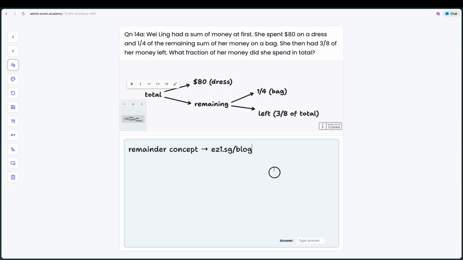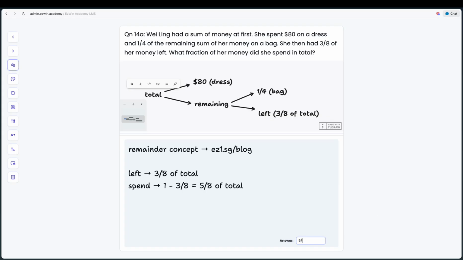Pretty straightforward, because we know that what's left was equal to 3/8 of total. So how much she spent is basically 1 minus 3/8, which is 5/8 of total. So the answer is 5/8.